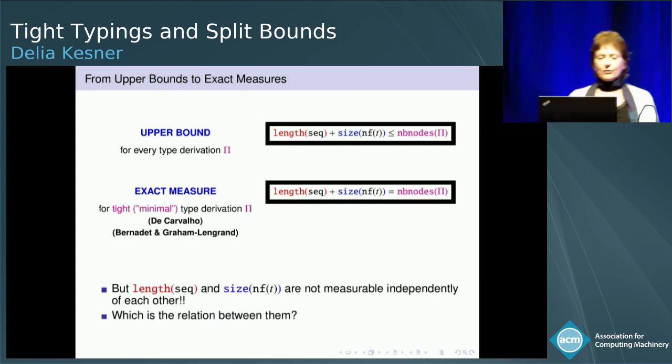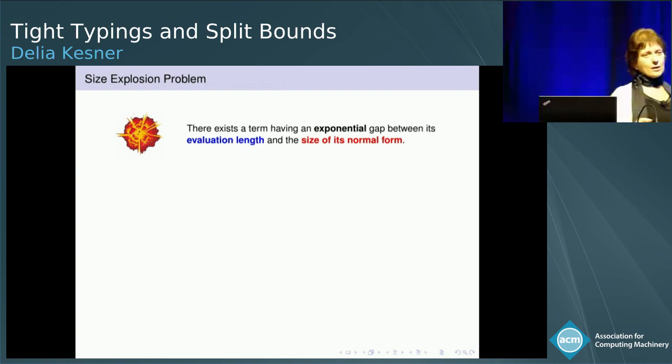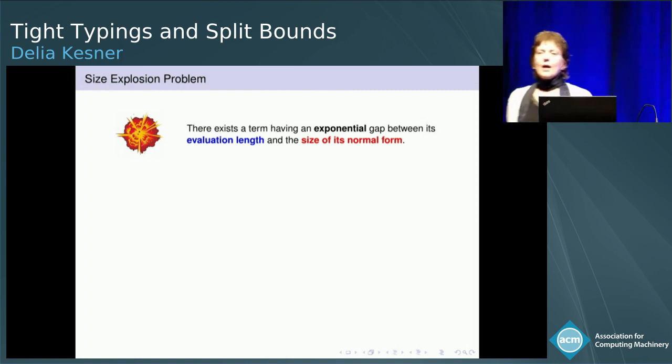This is quite interesting. But the problem here is that you obtain an exact measure for two things, the length of the reduction path and the size of the normal form, which are in principle not really related. This is known as the size explosion problem. The size explosion problem says that there is a term, there is a program, having an exponential gap between the length of the reduction sequence and the size of the normal form.